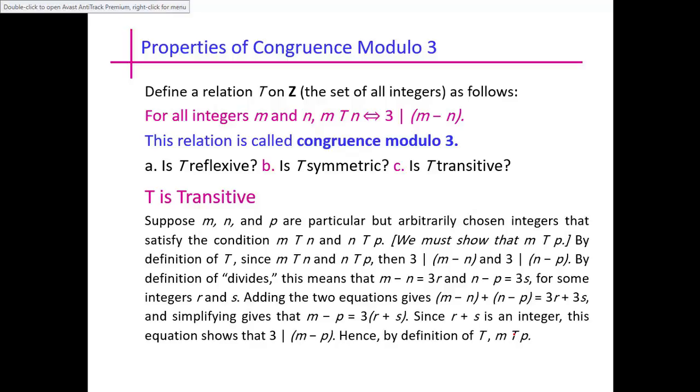And for the transitive property of the relation, we need to check that if A is related to B and B is related to C, then A is related to C. Now suppose m, n and p are particular but arbitrarily chosen integers that satisfy the conditions m T n and n T p.